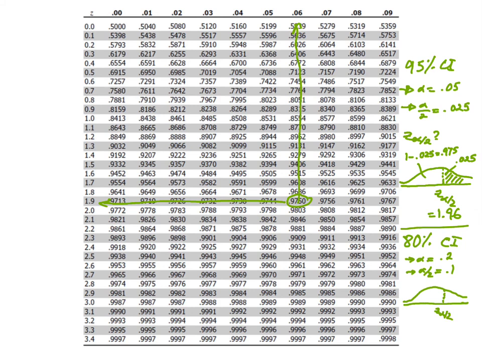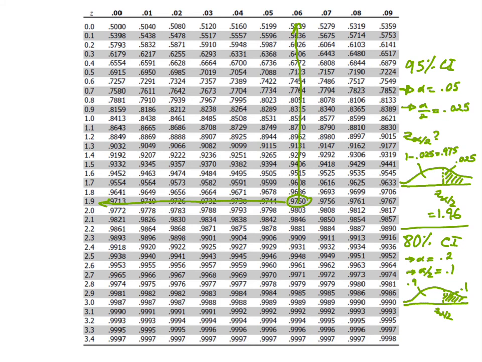In other words, we want the Z value such that the shaded area here is 0.1. Because the shaded area is 0.1, the non-shaded area is 0.9. So you would go into the interior of the table, look for 0.9 or the next closest thing to 0.9, and then trace out the Z value.